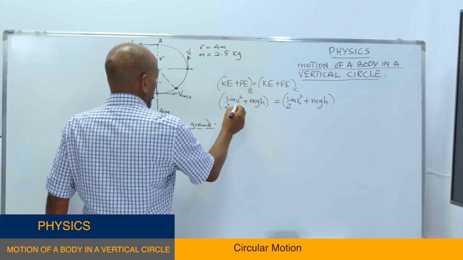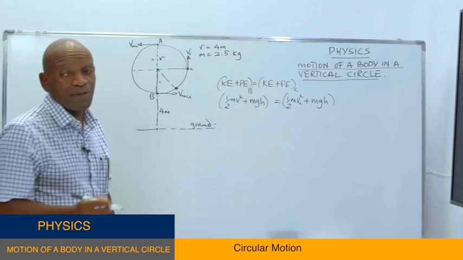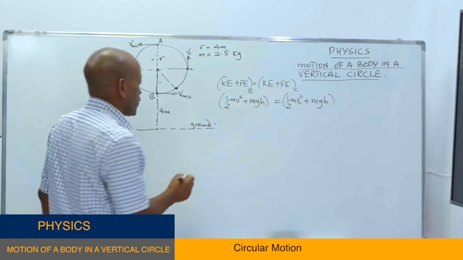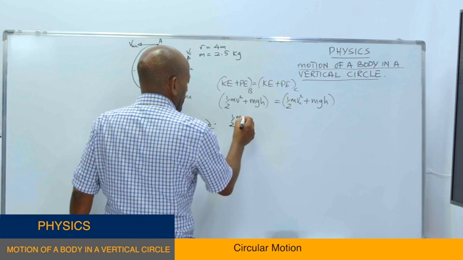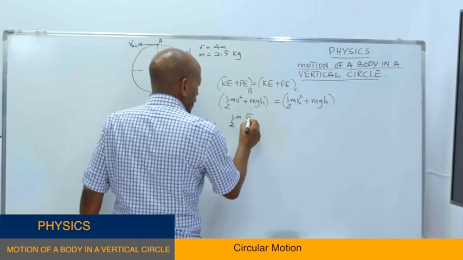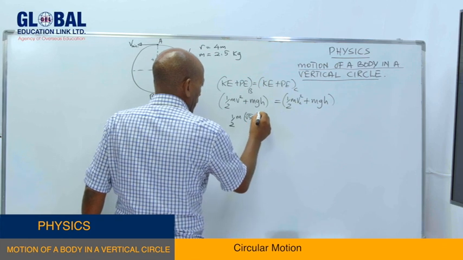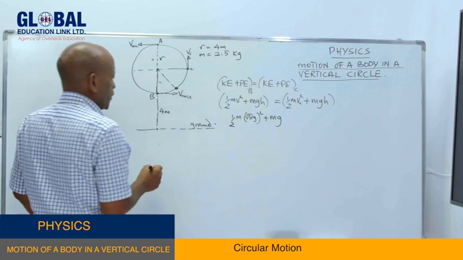The velocity at the minimum point, as we already said previously, is equal to the square root of 5rg. So we have a half times mass times the square root of 5rg, plus mgh.